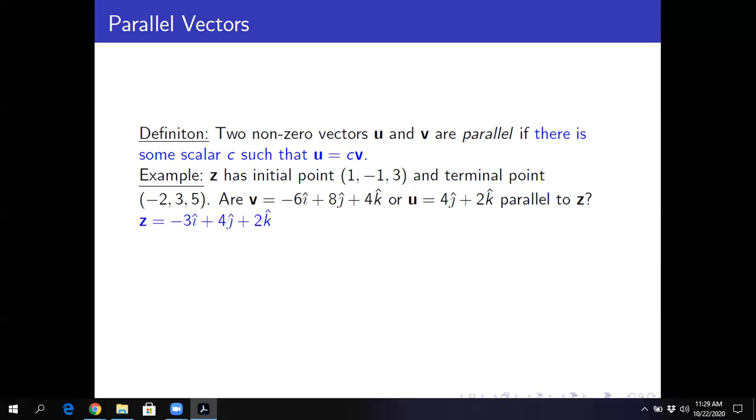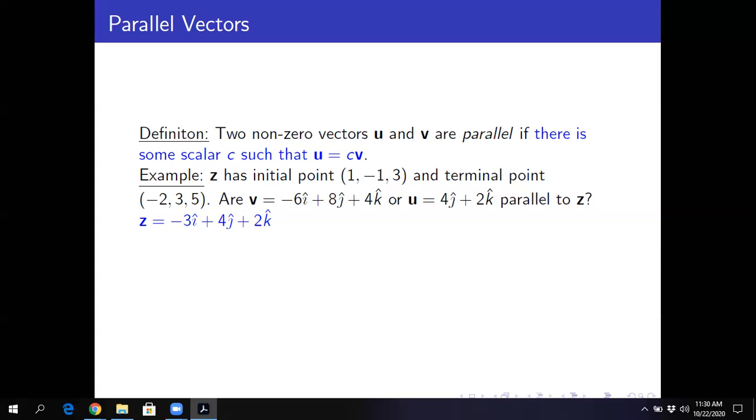How did I get 4 for the y coordinate? 3 minus -1, yeah? And how did I get 2 for the z coordinate? 5 minus 3. That's the total movement in the z direction. I went from 3 to 5, which is a total of 2 units of movement in the z direction. So my vector is (-3, 4, 2).